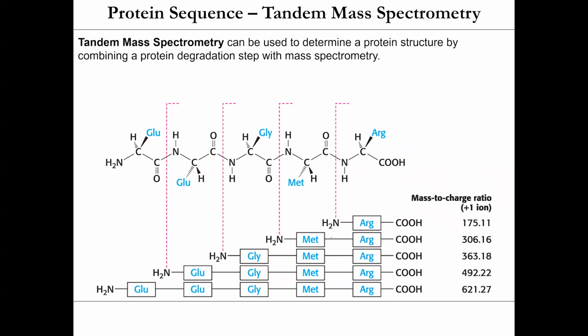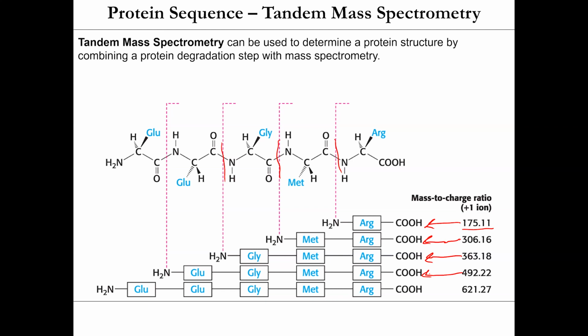You can use a protease digestion, or you can use that Edman degradation method and cleave off individual amino acids one at a time, and then you can run those different fragments through the mass spec, and this allows you, using computer programs, to determine the mass to charge ratio, which gives you a very accurate determination of the protein's specific mass.